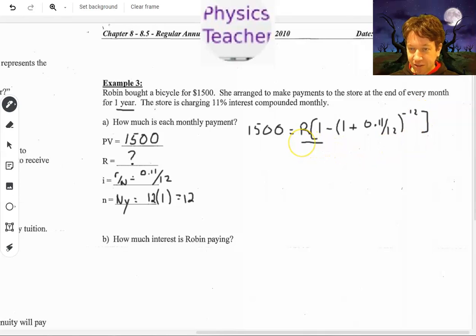And bracket, all divided by I again, which is 0.11 over 12. I'm just going to put that in brackets.